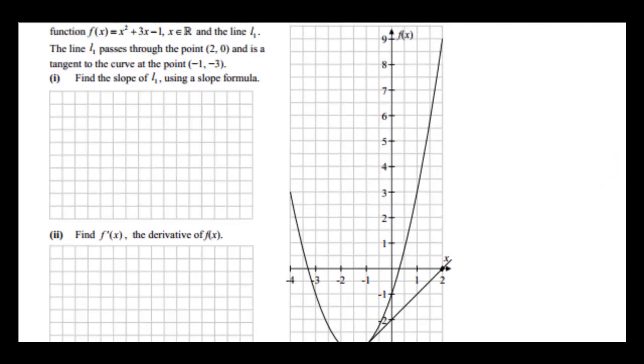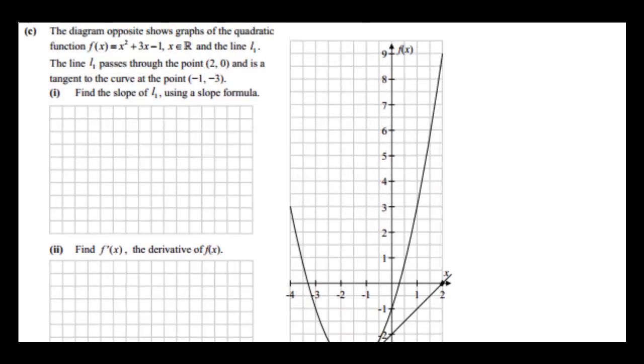It's an upright parabola because we have a quadratic function, okay, and the x squared term is positive, so that's why it's an upright parabola, U shape. Alright, so we want to find the slope of L1 using a slope formula.